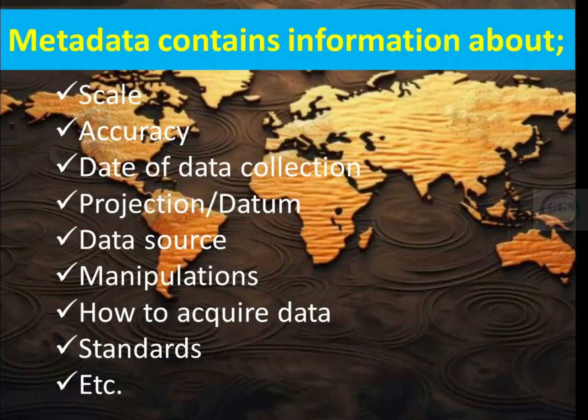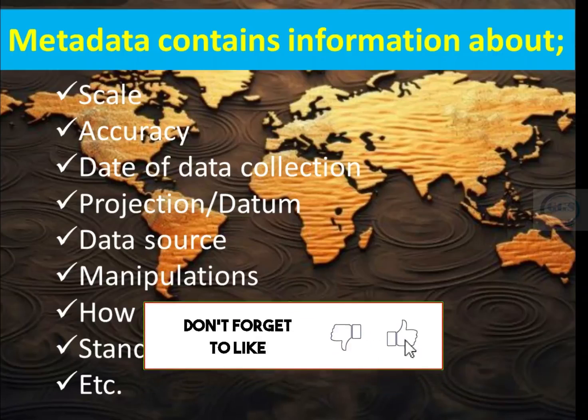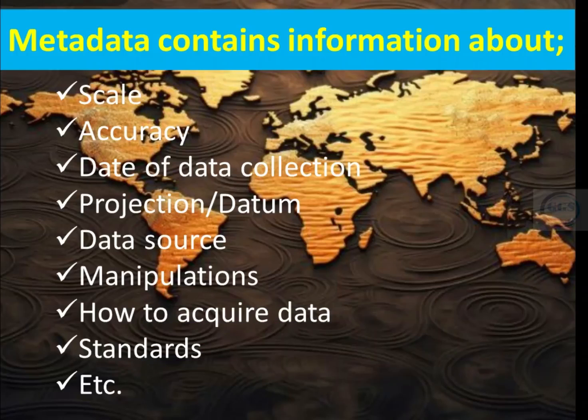Now, metadata can contain information about the scale, the accuracy, the date the data was collected, the projection, the data source, how the data was collected, the standard used, etc. This metadata tells us more about the data. All these and many more are examples of metadata.